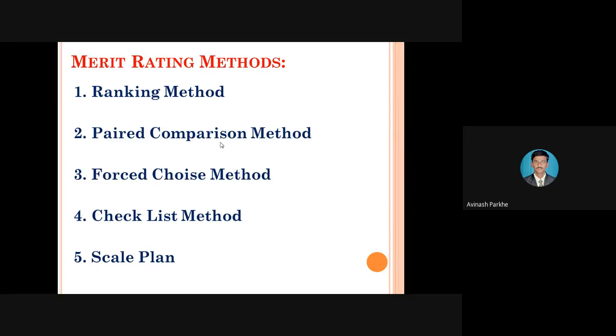Then the forced choice method. What is meant by the forced choice method? In this method, we are checking the behavior of the operator. For example, there is a worker and a supervisor, and the supervisor is checking the performance of his worker.